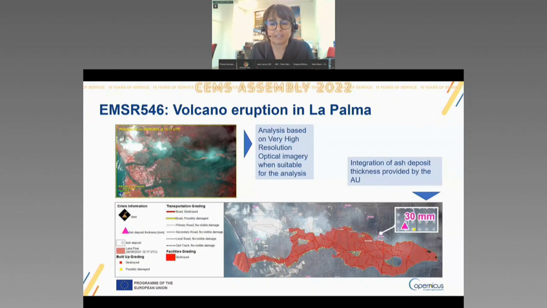And so in this picture, there is a view of one of the last products where this information was integrated.